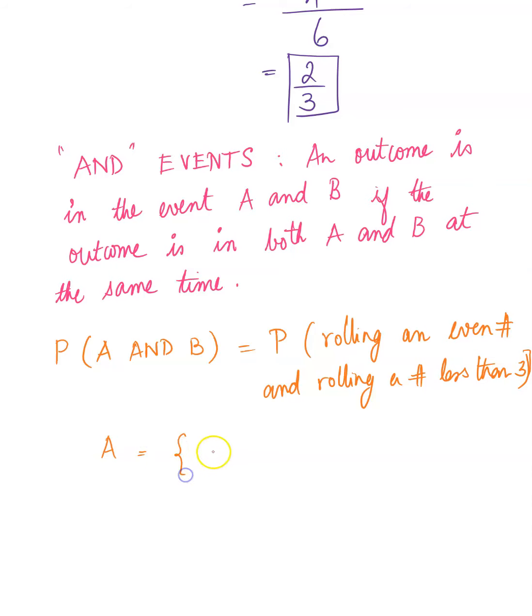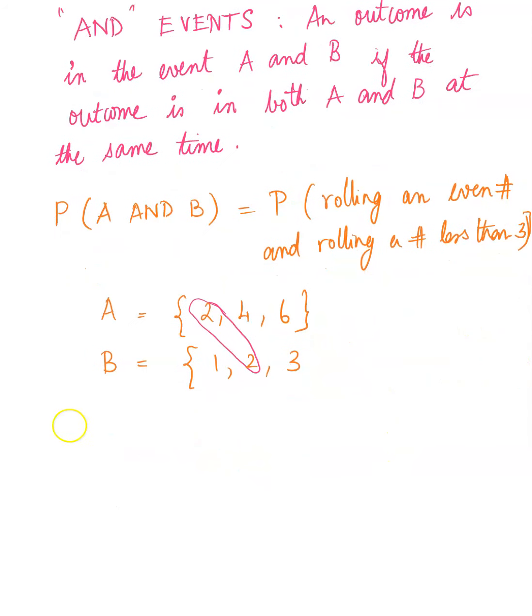A was 2, 4, and 6, and B was 1, 2, and 3. So the question is, we want to see what numbers overlap or are found both in A and B at the same time. Very obviously, 2 is the only one that overlaps or is common to both A and B. So if you look at A and B, there is only one outcome. 2 is the only outcome that's possible if you wanted A and B.